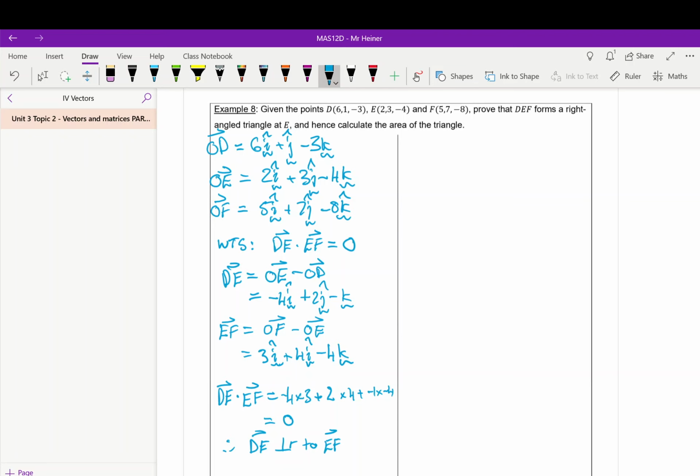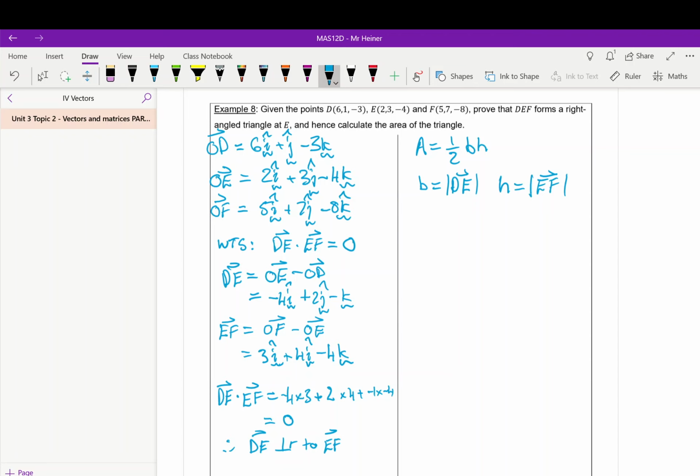Now we need to find the area of the triangle. So we can use the fact that its area equals half base times height. In this case, because the right angle is at E, the base length can be given as the magnitude of the vector DE, and the height can be given as the magnitude of the vector EF.